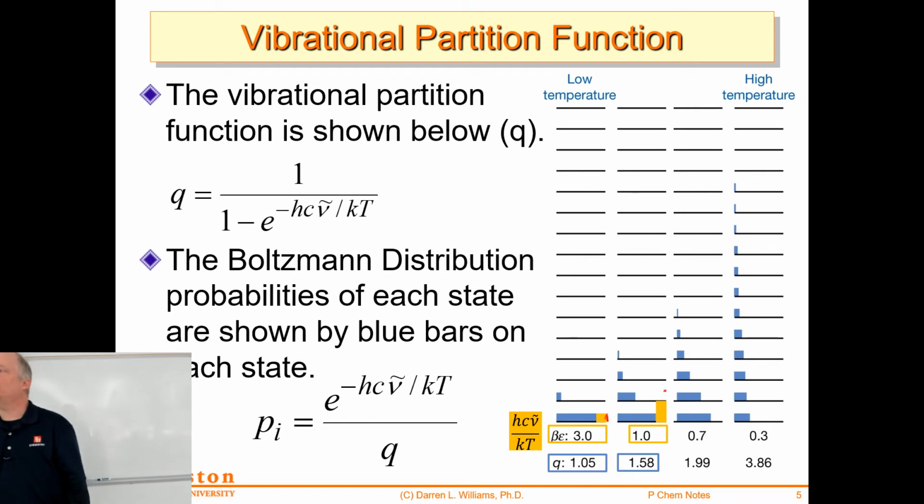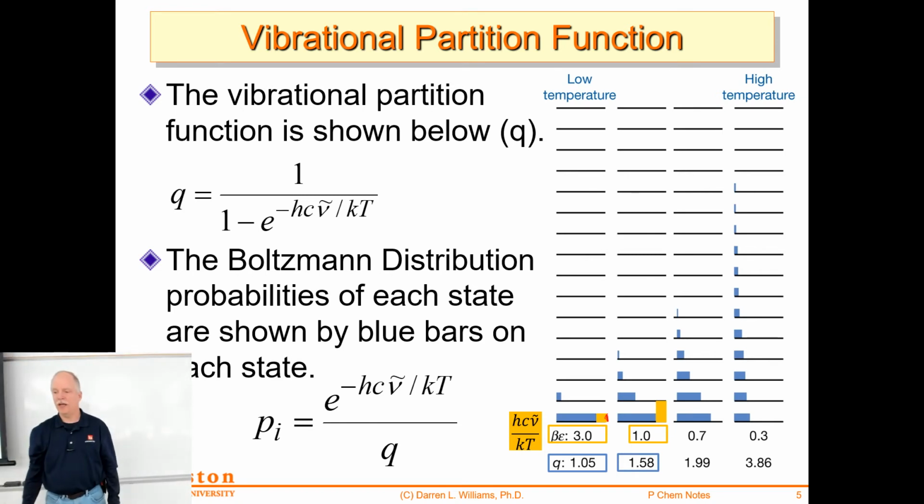They're equal to each other. What's interesting is that the blue bars tell you the probability of each level being populated. So even though I have a temperature that matches the energy level spacing, I could actually have some population up to the 3rd and 4th vibrational level.